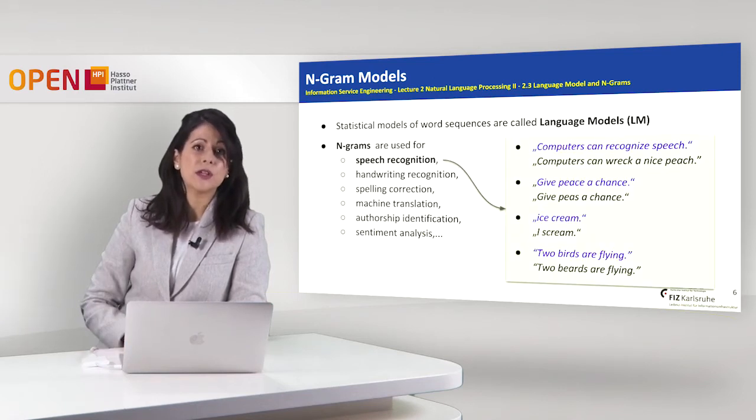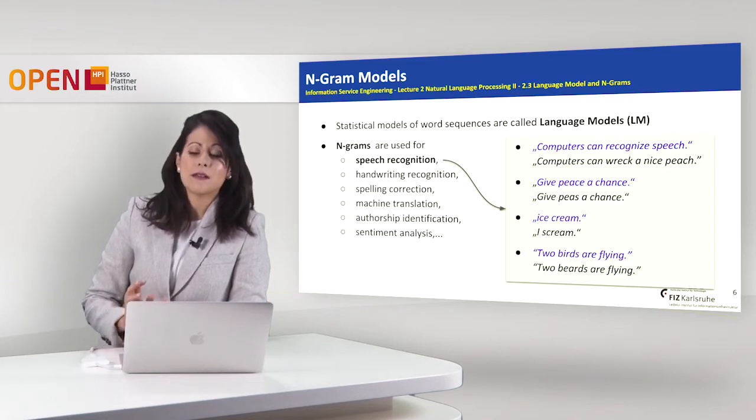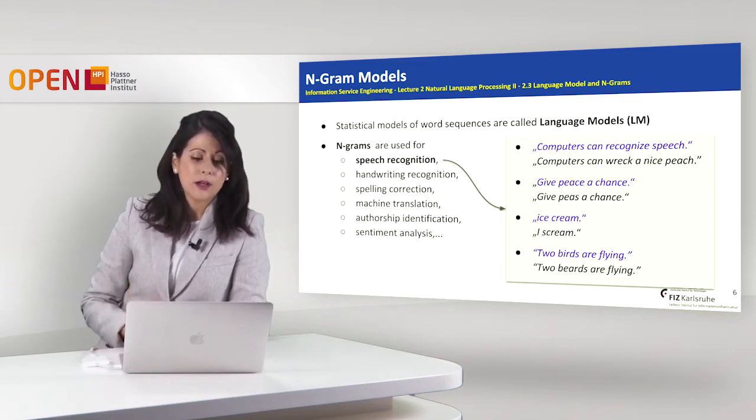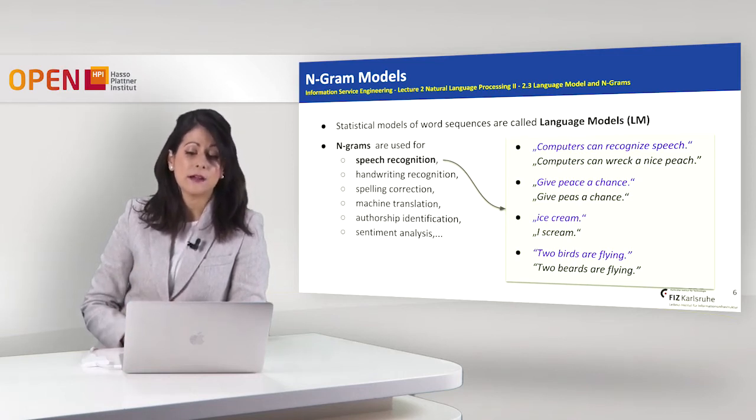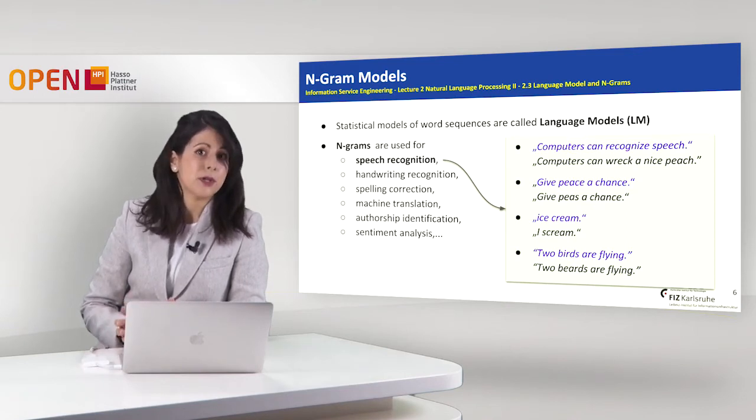In speech recognition, n-grams are rather useful to help us correctly identify the sentences, since there are some words that sound similar, almost the same. So using n-grams, we will correctly identify the sentence computers can recognize speech instead of computers can wreck a nice beach.